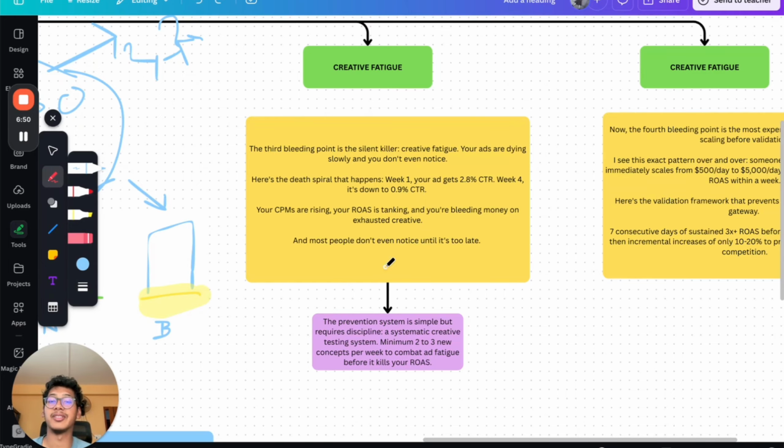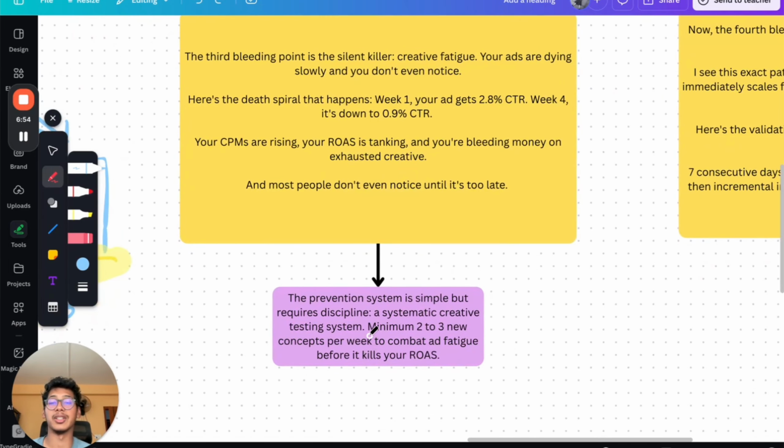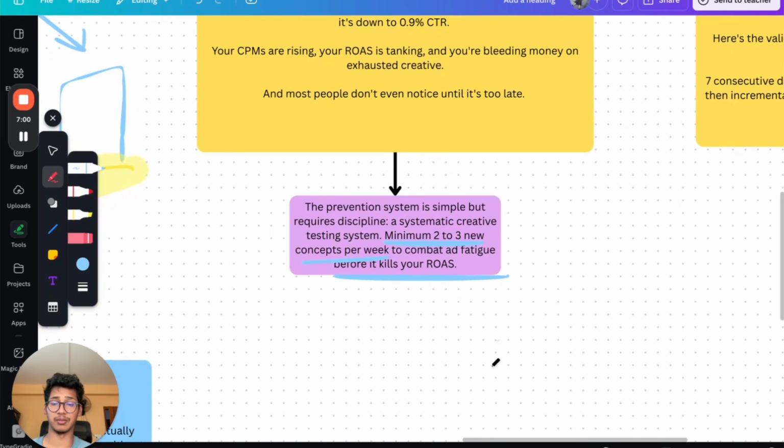So the simple fix for this is to build a systematic creative testing system, where you're testing a minimum of 2 to 3 new concepts per week to combat ad fatigue before it kills your ROAS. Especially after the Andromeda update, your creative fatigue will get intensely high unless you have a proper system of winning creatives that you're ready to swap in after one winning creative fails.